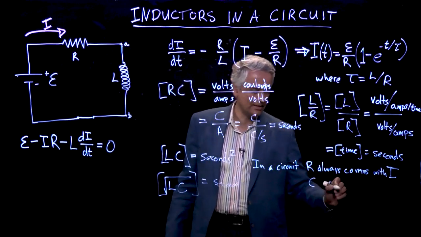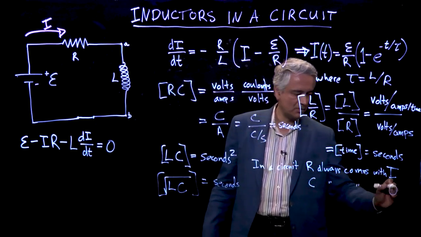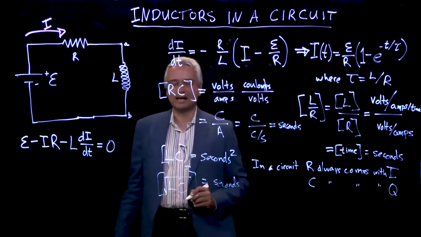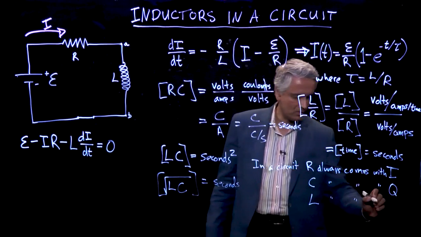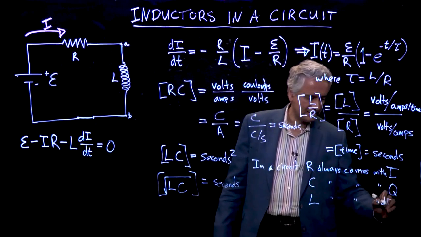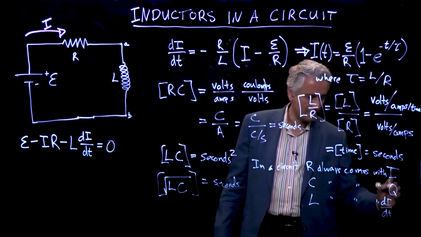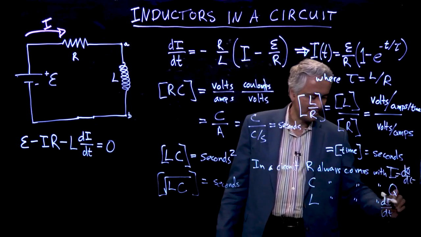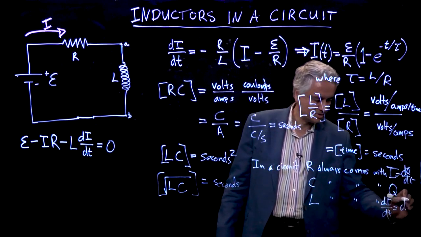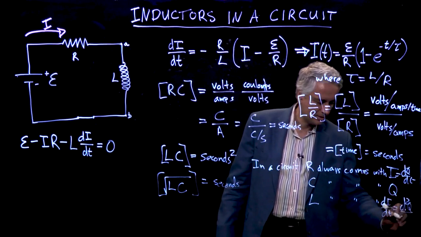C always comes with a Q. And L always comes with a dI/dt. But remember that I is dQ/dt. And that means dI/dt is d squared Q/dt squared.